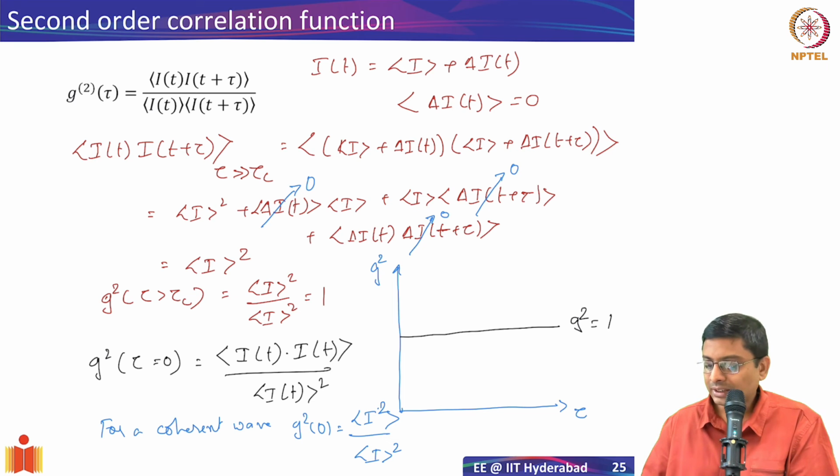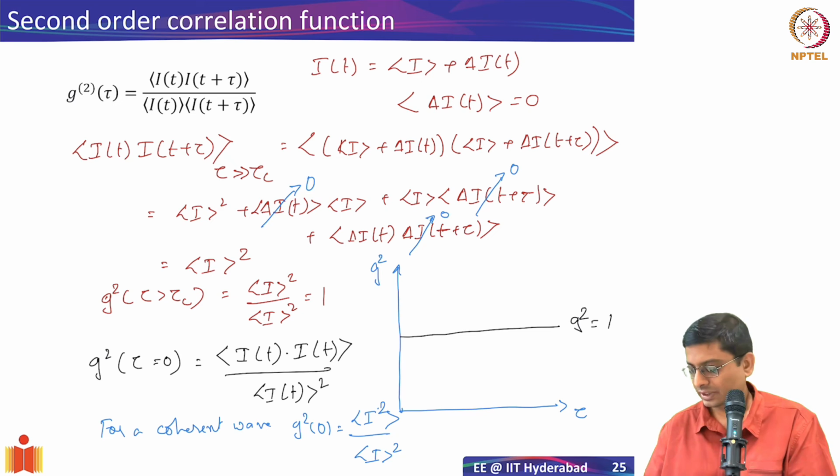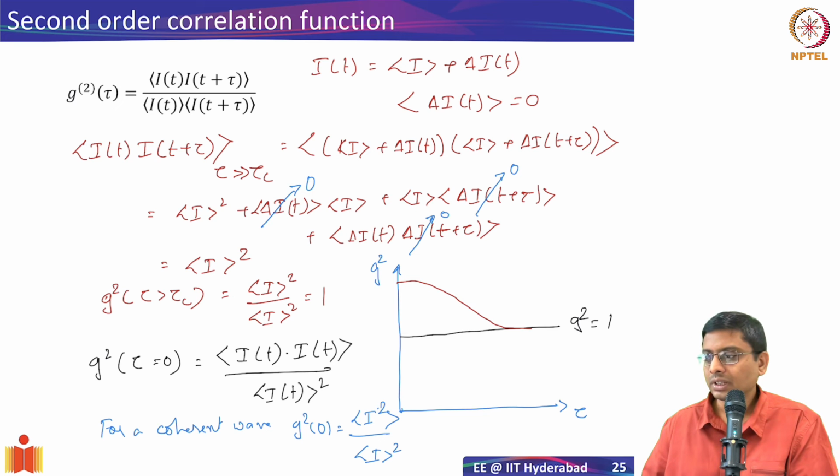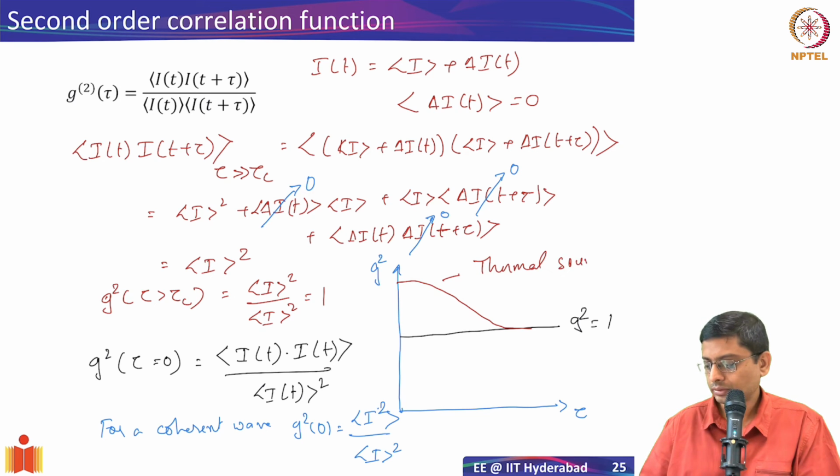Because of that, G2 of 0 is going to be greater than 1, and you end up with a scenario like this. This is for a chaotic or thermal source, and this is for a coherent source.